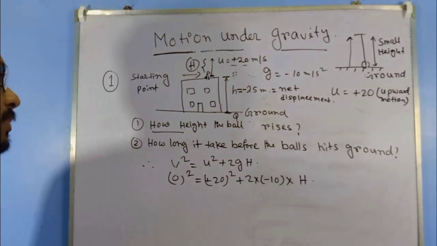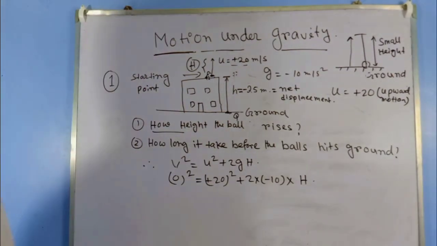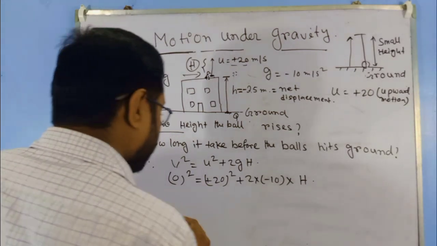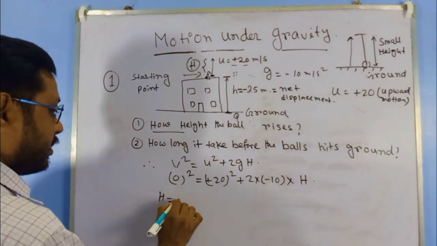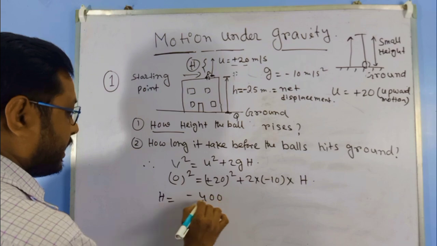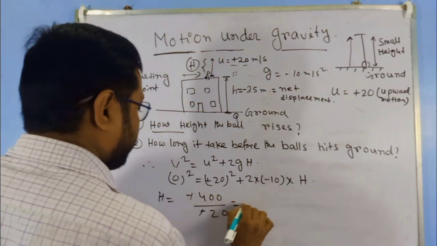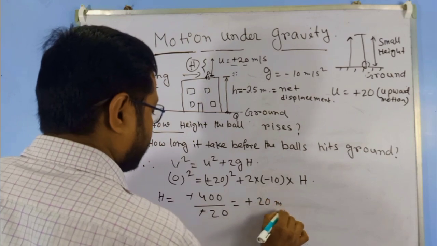Here h is not negative; capital H and small h are totally different. So we can say that h equal to minus 400 divided by minus 20, that is plus 20 meter.